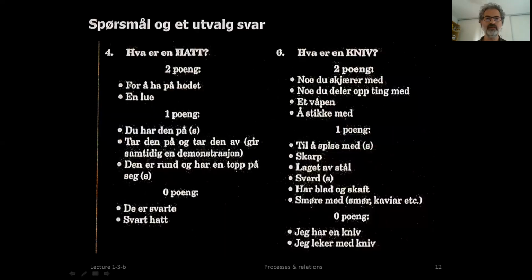In a very different kind of vocabulary test, the examiner asks the child for definitions. So for example, you can ask, what is a hat? Or what is a knife? And these are obviously for younger children because they concern concrete objects. And in this kind of test, answers are given 0, 1, or 2 points.